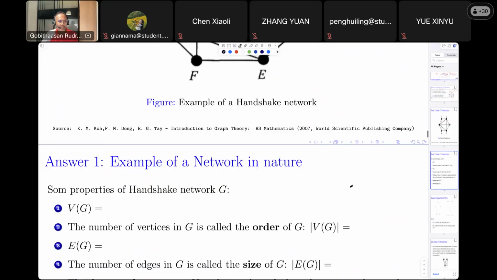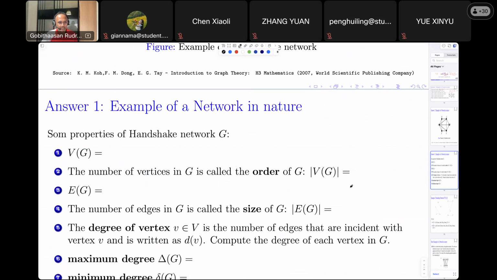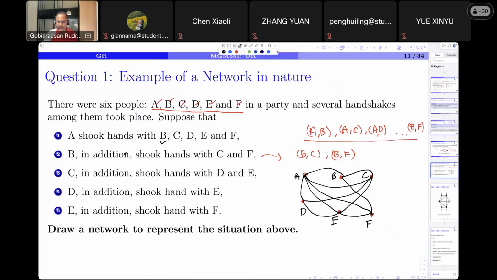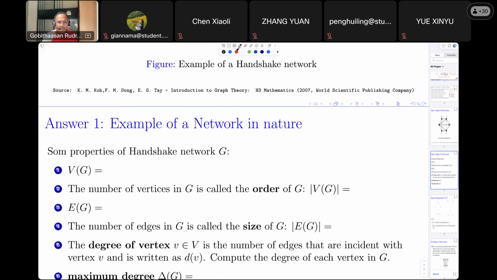Okay. So now let's try to extract some information. Right. So just now I wrote here, all these are edges, right? So let's try to fill up some here. For example, VG. So VG is actually the vertex set.